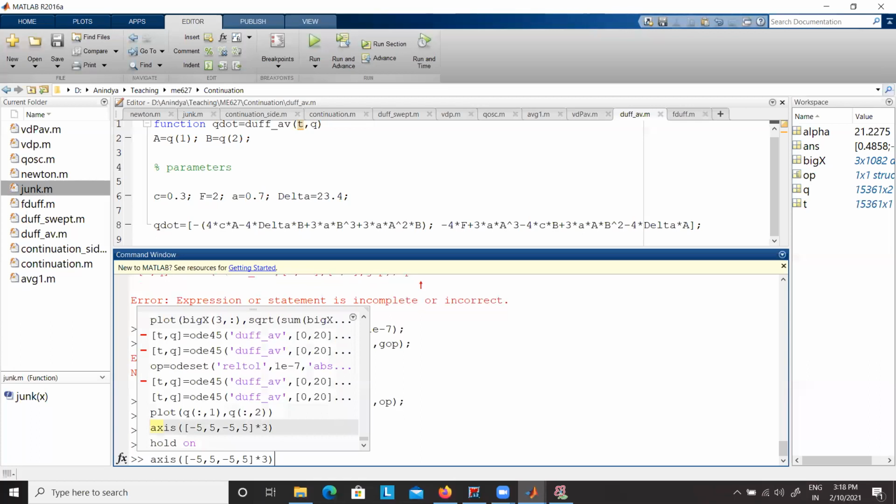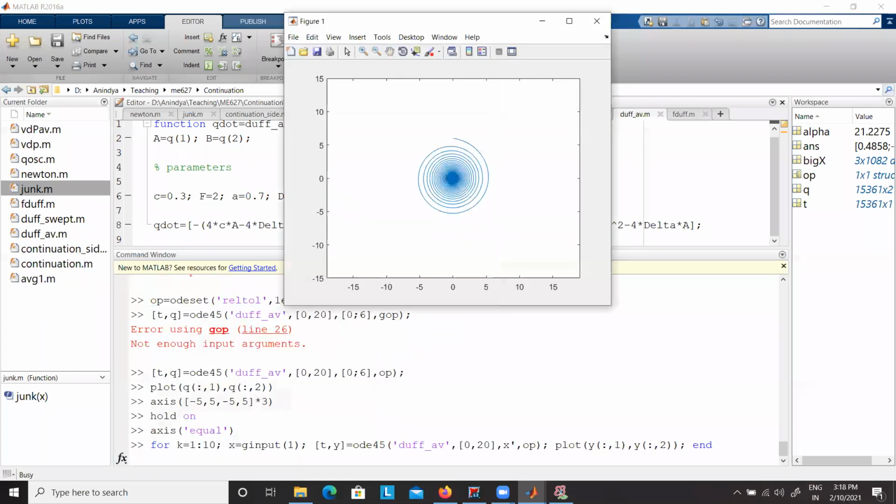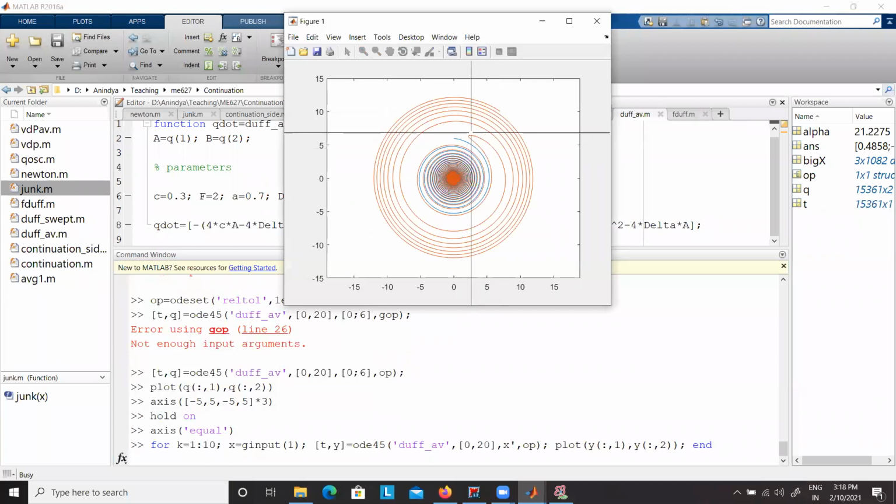Let us try. You see, so it is doing some funny thing over there, but that solution has disappeared. Those other equilibria are no longer there.